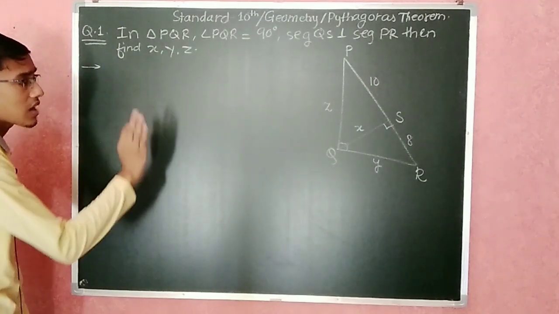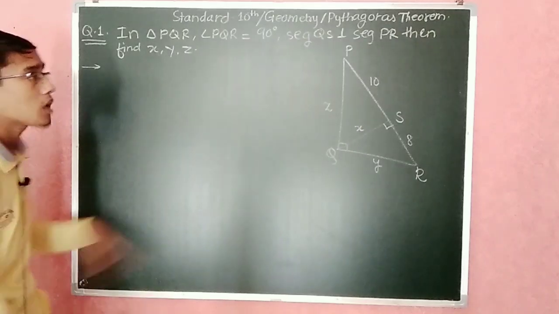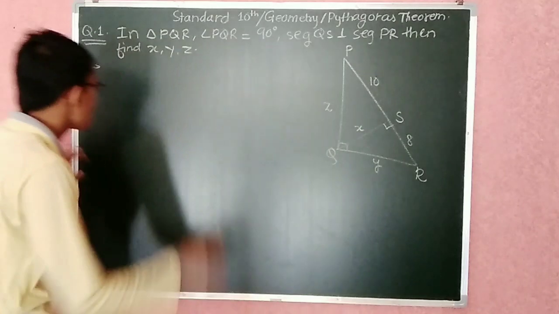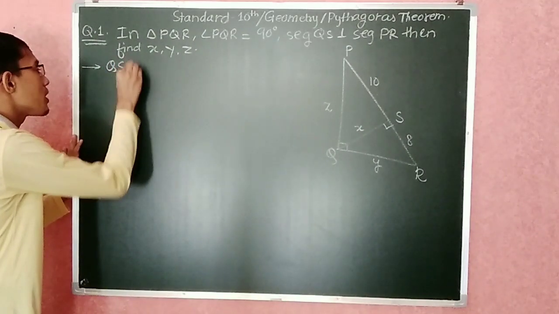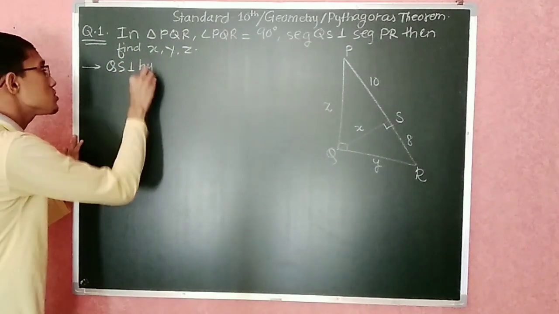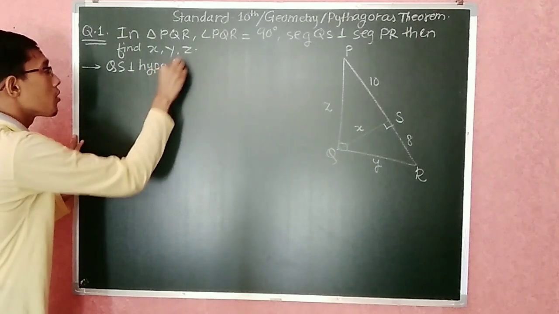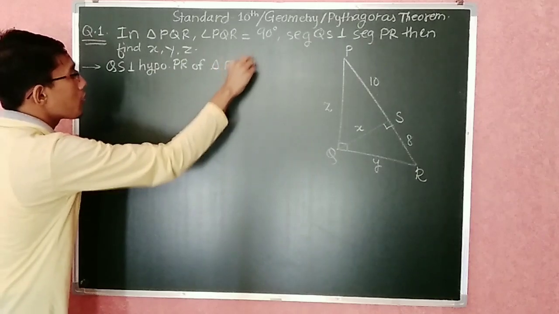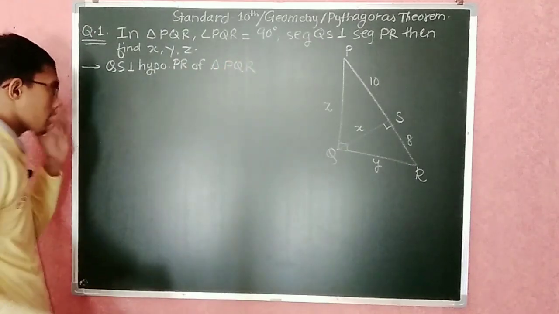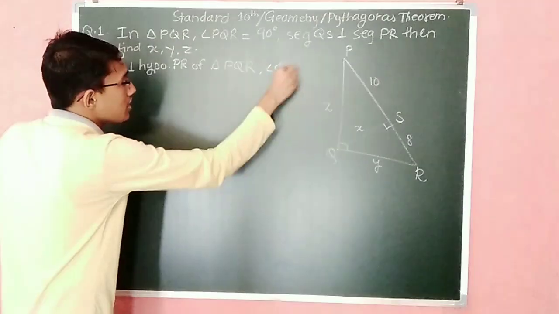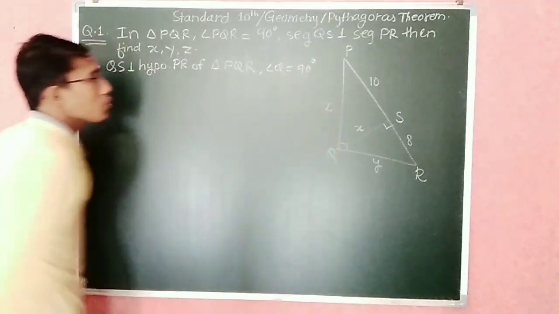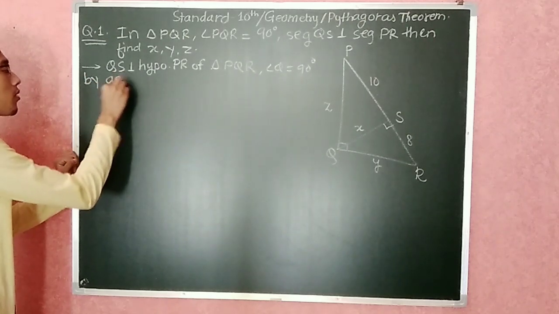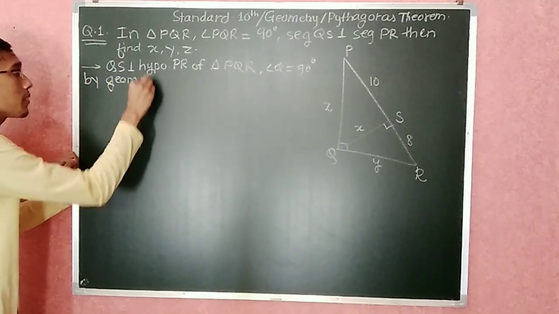As it is given that QS is perpendicular to the hypotenuse PR of triangle PQR, where angle Q is 90 degrees, we can use the theorem of geometric mean.